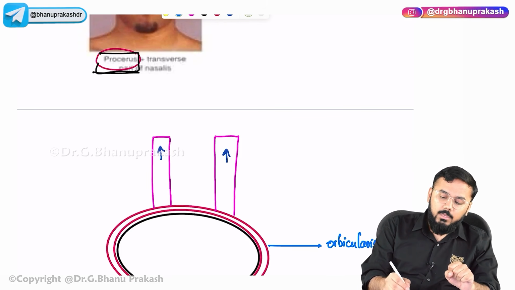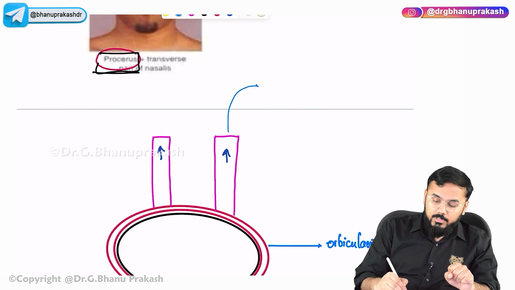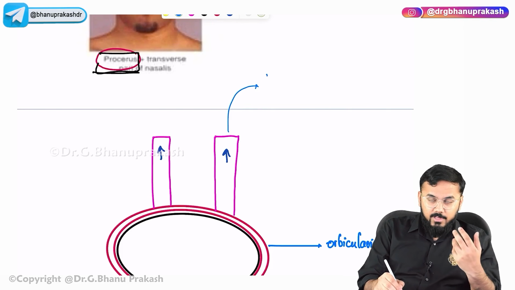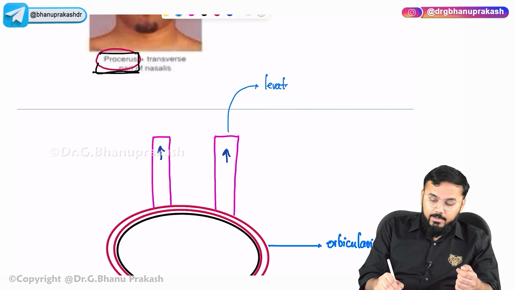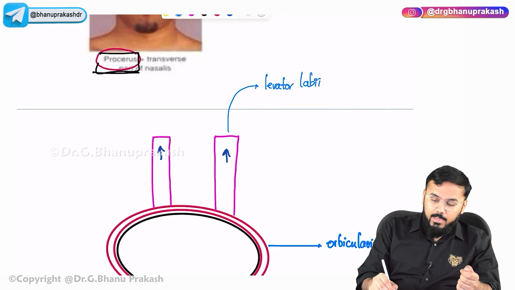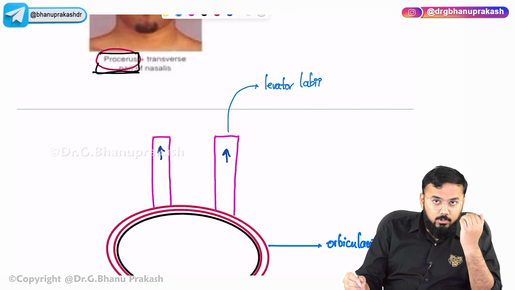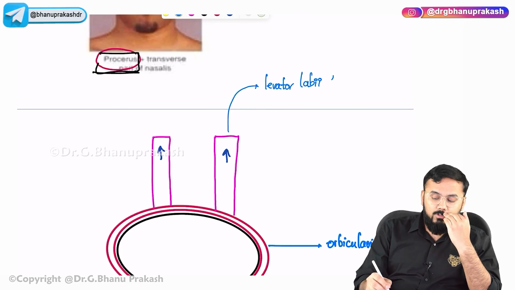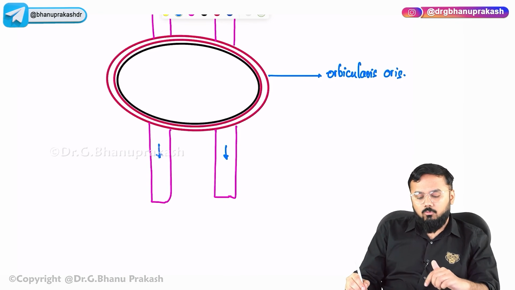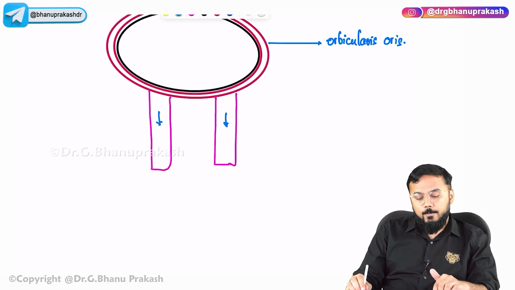So what will be the name of this particular muscle? This muscle is causing elevation. Elevation you call levator. Elevation of what? Upper lip. Upper lip you call labii, and to the top, which is it, superior or inferior? Superior, so superioris. Labii superioris. Now, what will these two muscles do?